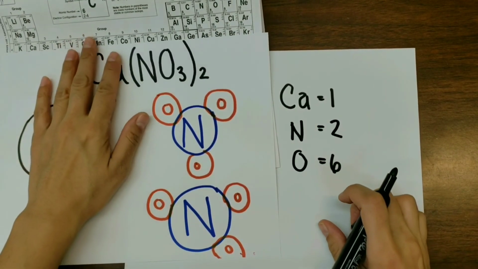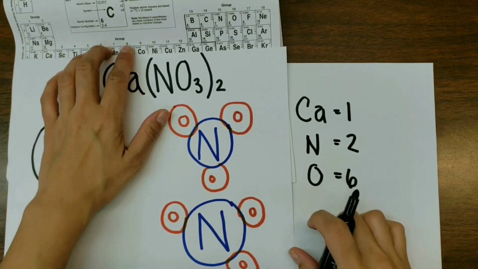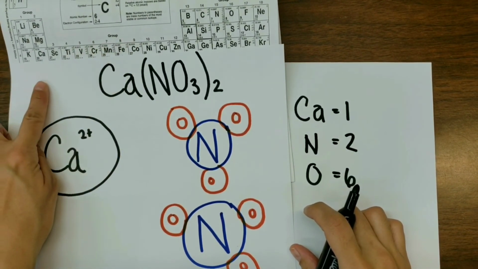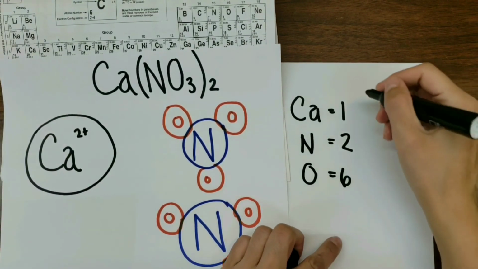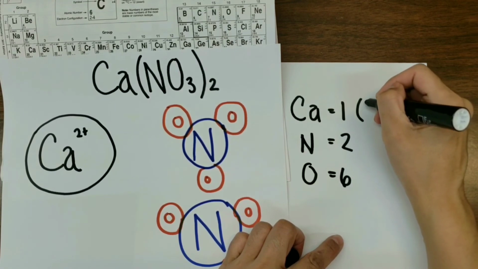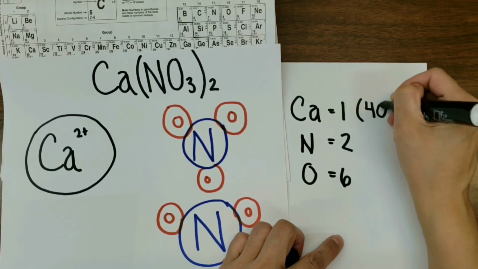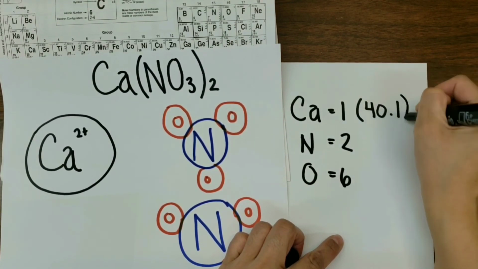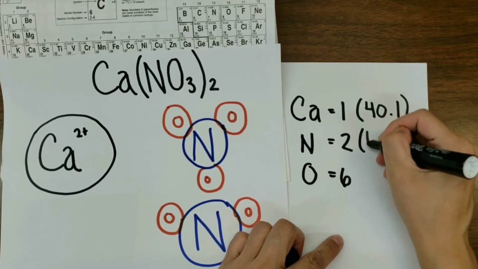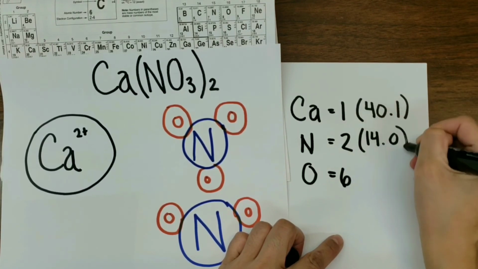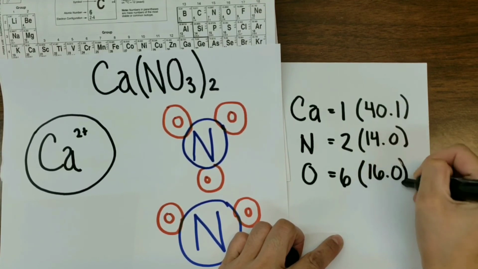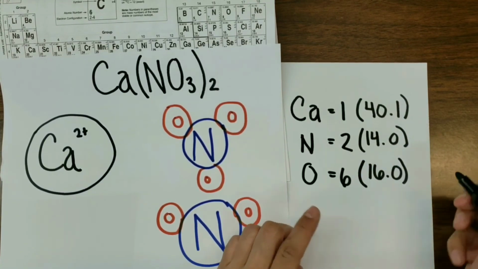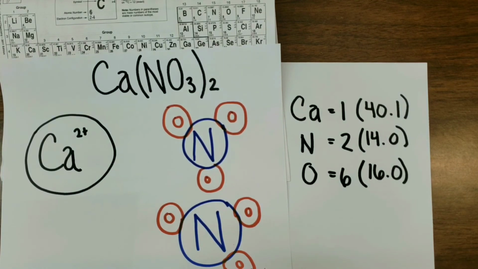If you look closely on your reference table, you can find that the mass of calcium is reported to be 40.08. When we round to the 10th place, the mass of calcium averages to 40.1. Nitrogen averages to 14.0 and oxygen averages to 16.0.